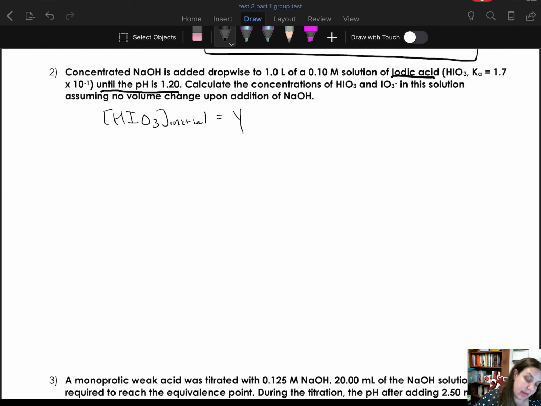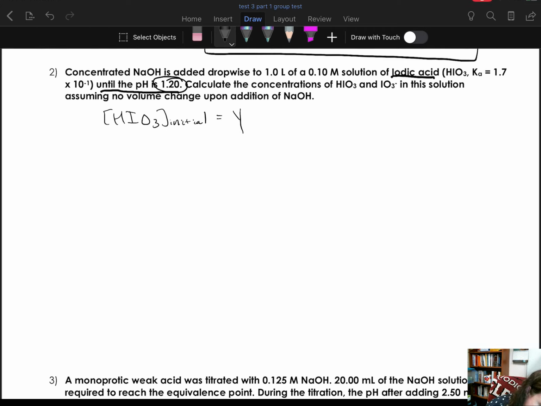It's going to dissociate into hydronium and our iodate ion. And we want to know, using the fact that the pH is 1.20, what concentrations of intact iodic acid and iodate ion are in solution.